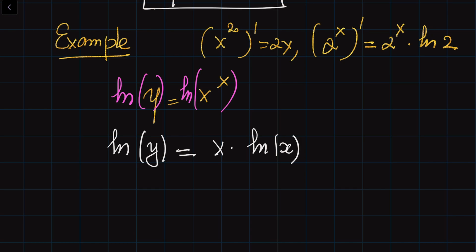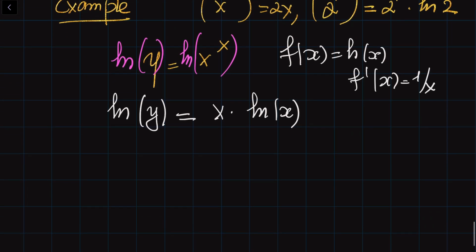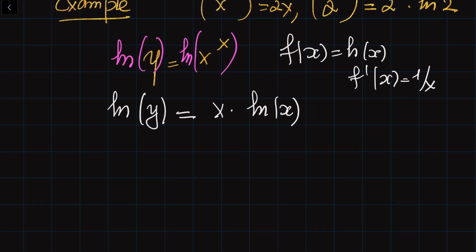Before we do this, you need to know the derivative of ln, which we haven't learned yet, but I'm going to simply provide this to you. The derivative of ln of x is going to be equal to what? 1 over x. Okay, let's do this together then, quickly. So what is the derivative of ln of y with respect to x? It is going to be 1 over y times y prime, right?